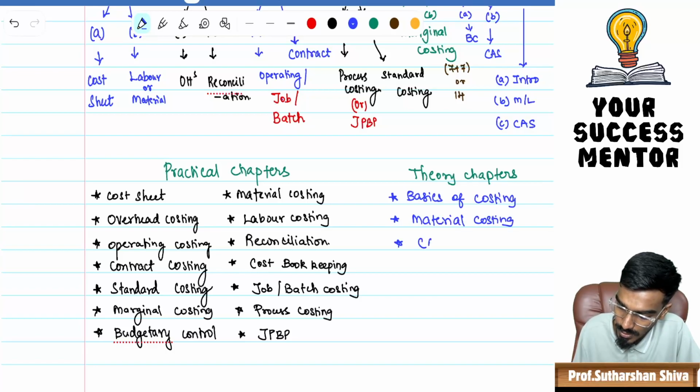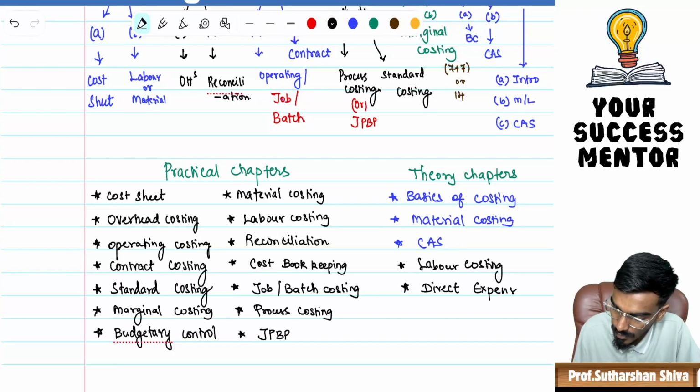You may get questions on cost accounting standard. And you may get rare questions from labor costing as well. And one more topic which we have done is direct expenses. On that also you may get one question.